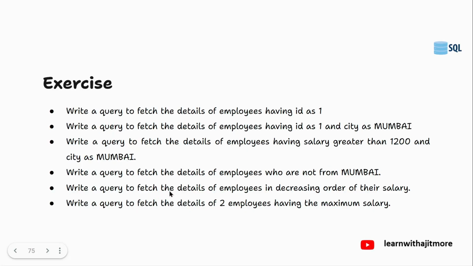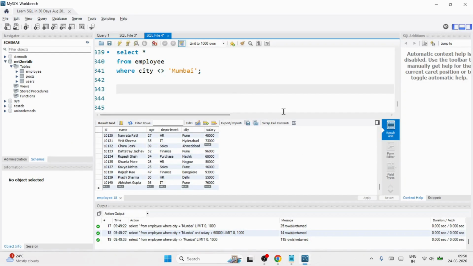Write a query to fetch the details of employees in descending order of their salary. Just now we have done. Select star from employee order by salary descending.